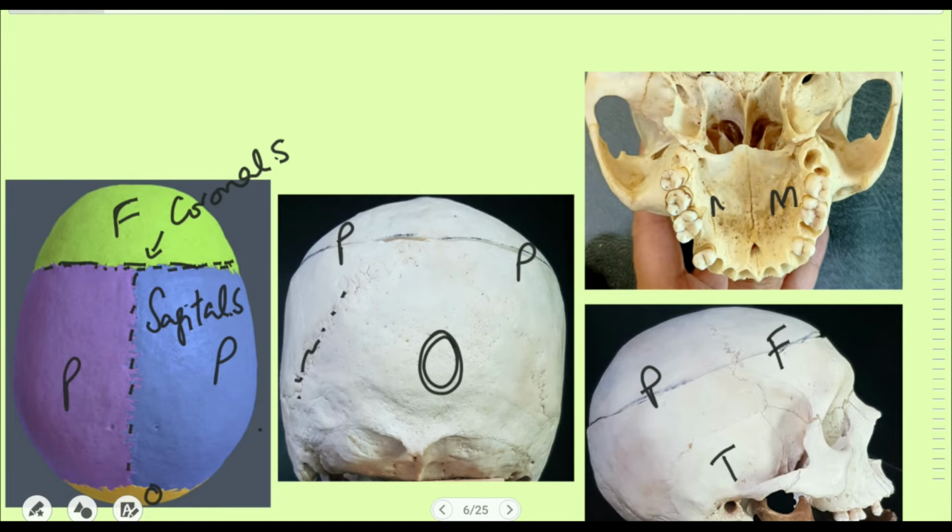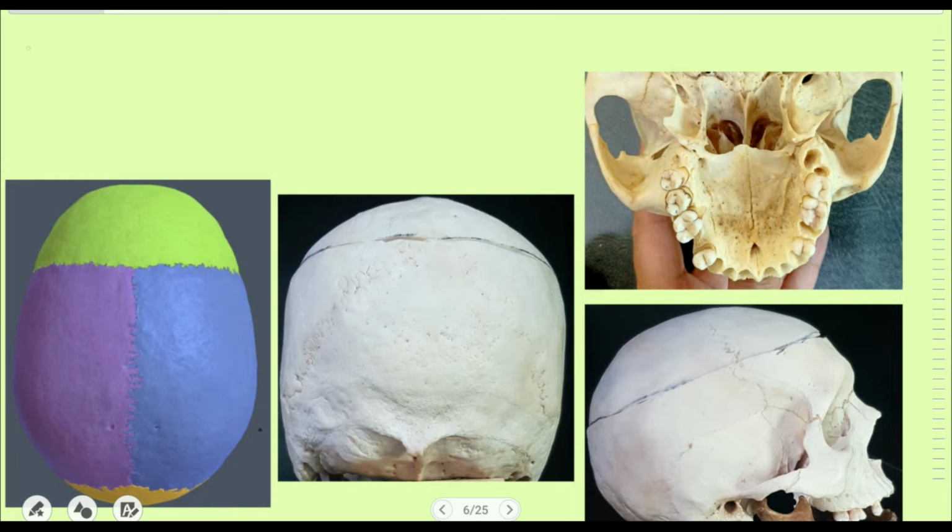So there is a contact, and you can see that the bones are tightly close to each other with minimal amount of the fibrous connective tissue, and this suture between the two parietal bones and the occipital bone is known as lambdoid suture.